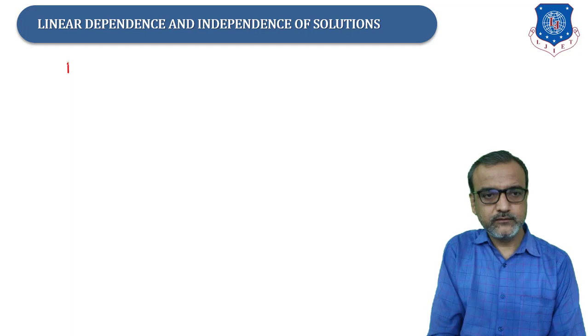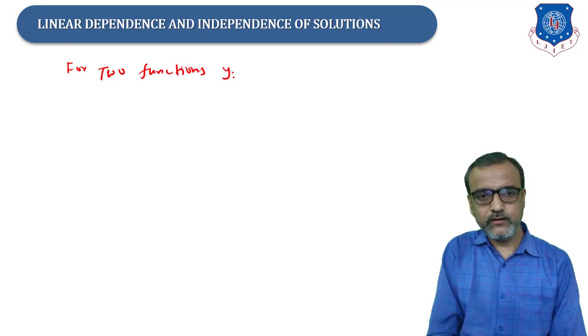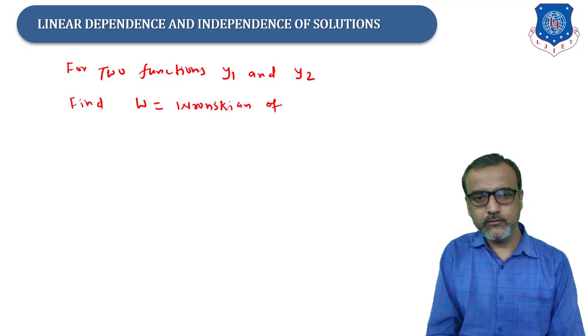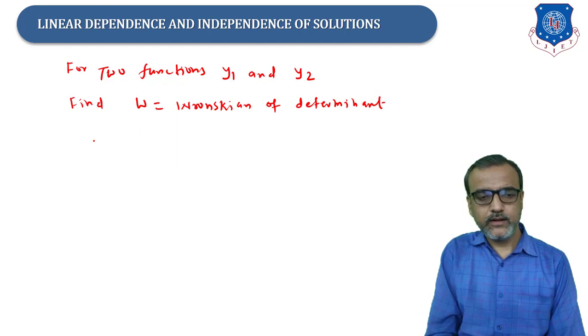Now, for two functions y1 and y2, find W, that is the Wronskian determinant.